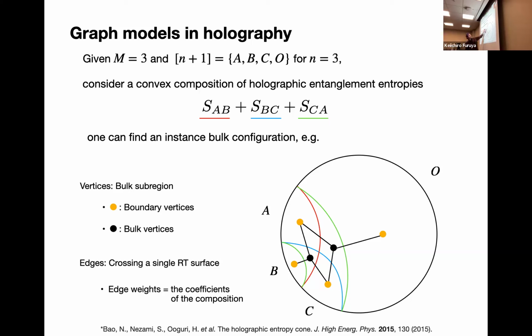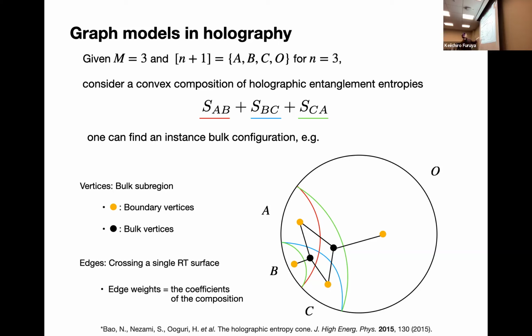So you have a bulk subregion that is homologous to A, this part is homologous to B, and this part is homologous to C. This green one is homologous to O. But there is also some part inside here that is not trivially homologous to the boundary regions.